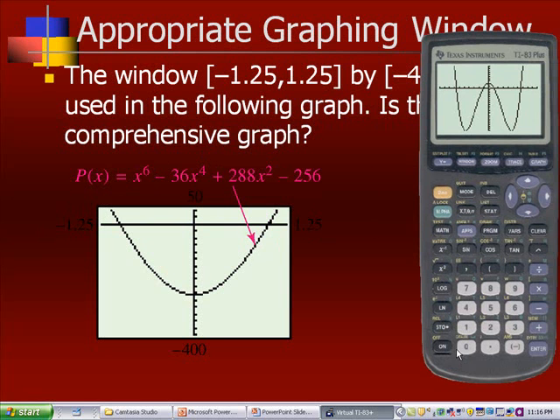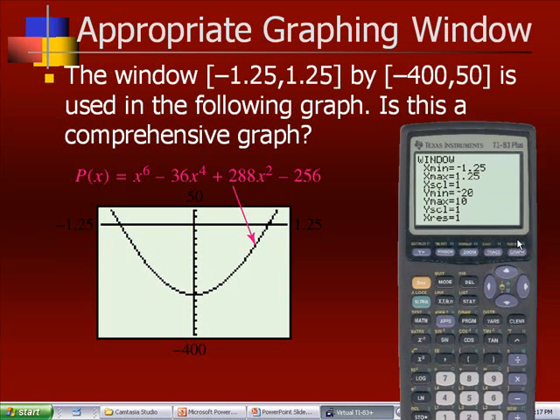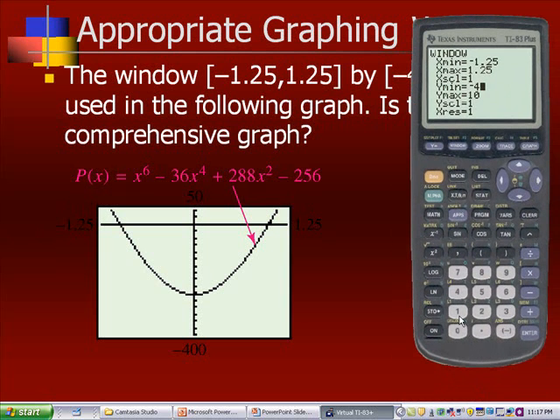So if we plug this into our calculator, x to the sixth minus 36x to the fourth plus 288x to the second minus 256, and the window they're using is negative 1.25 for the x up to 1.25. And then the y values go from negative 400 to 25. And if we graph that, we would get what's shown over in the picture.